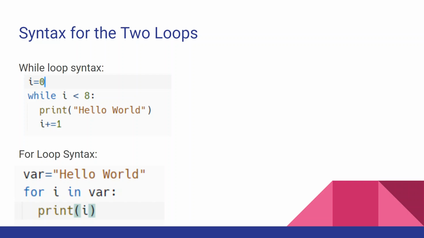So first we have to understand the syntax, and then we'll talk more in detail about what each of the loops do. So for a while loop, our syntax is that we first need a condition, such as i is always less than 8, or i is always greater than 8, whatever the case, right?